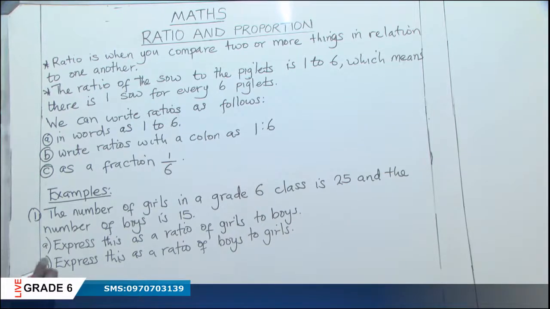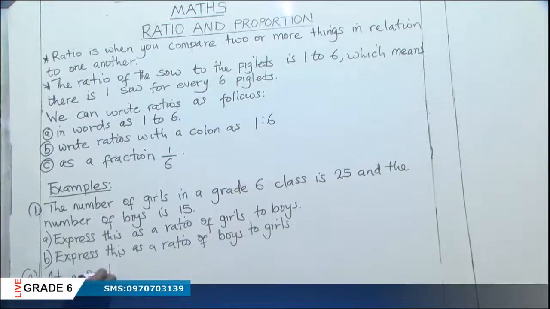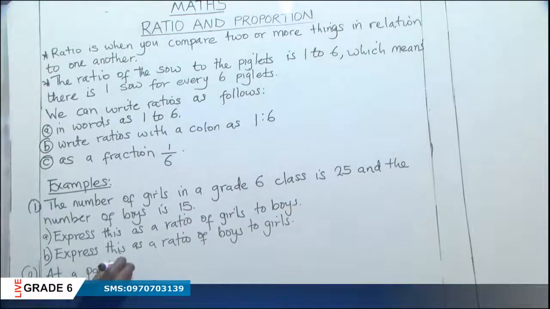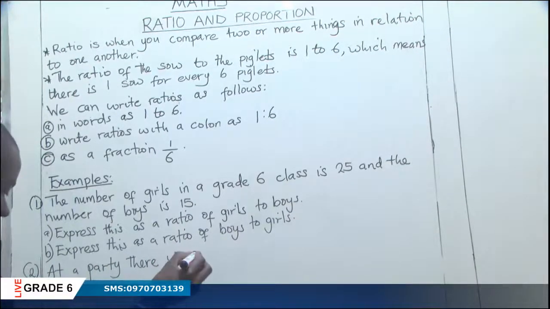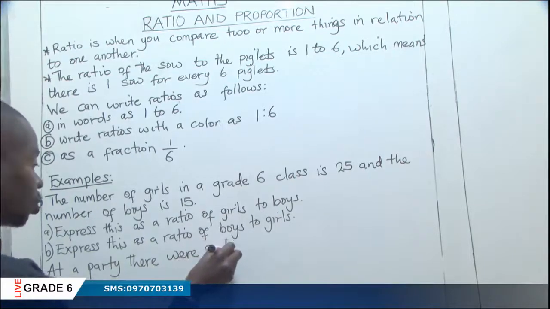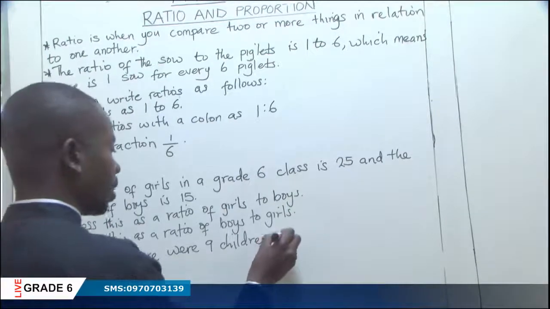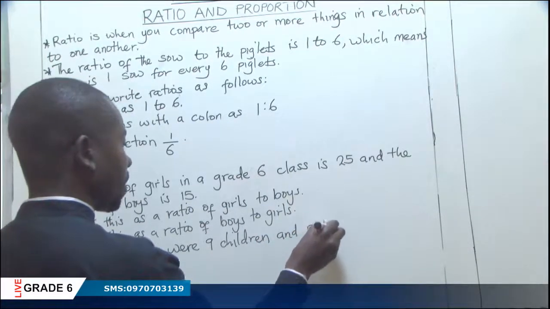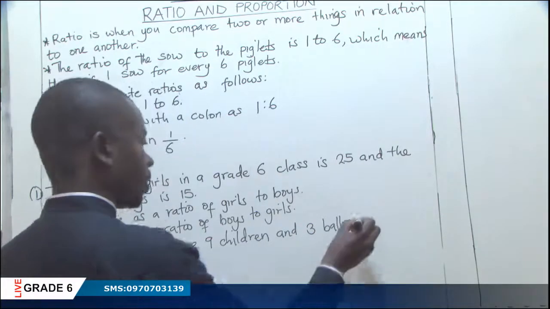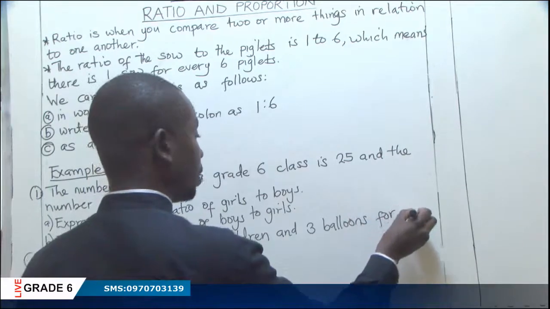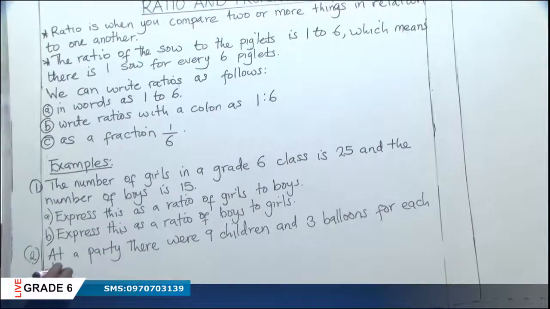Number 2. At a party, there were 9 children and 3 balloons for each child.